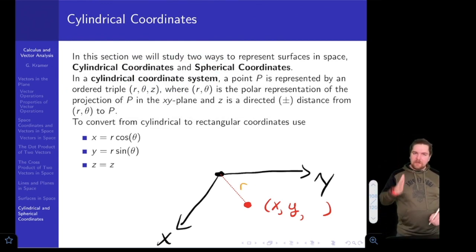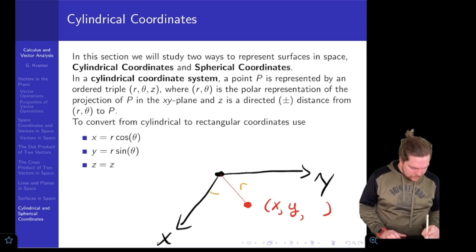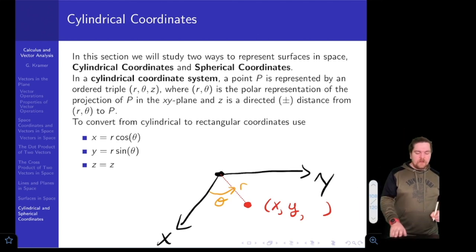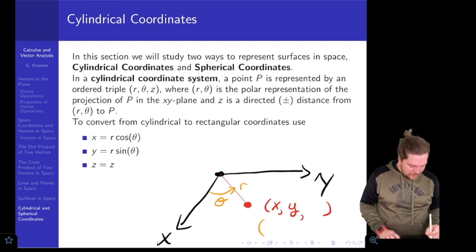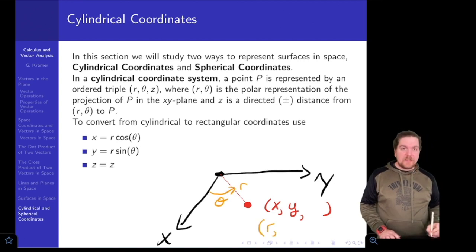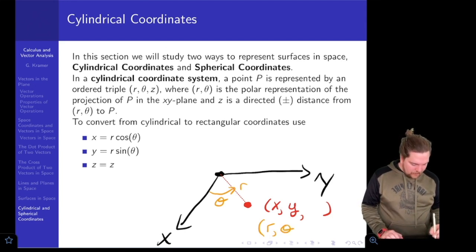And remember, angles in standard position always stem from the positive x-axis. So we can also describe that point, that x, y, as a point that has an r value, or a distance from the center, or the origin, and an angle theta.